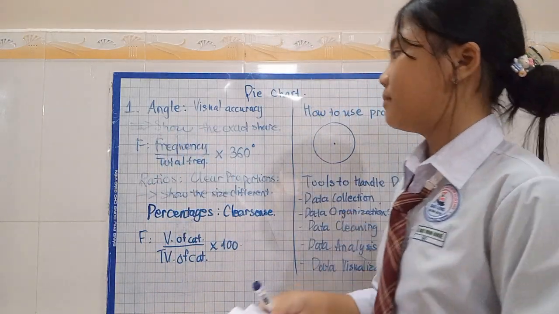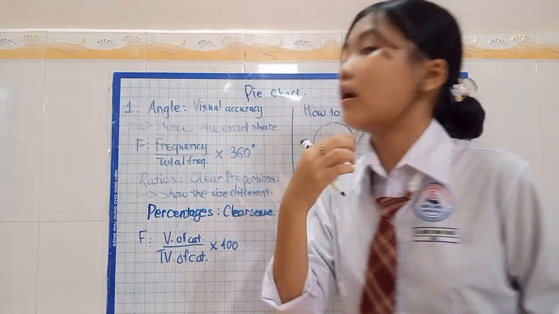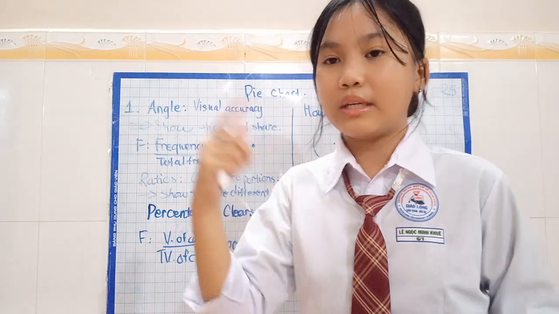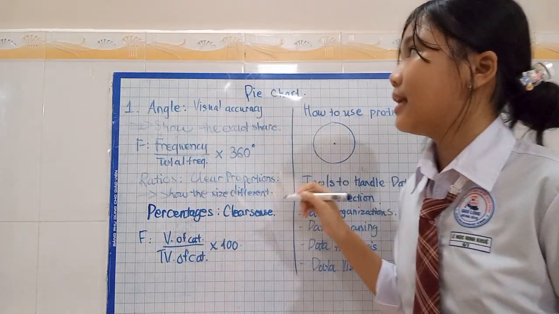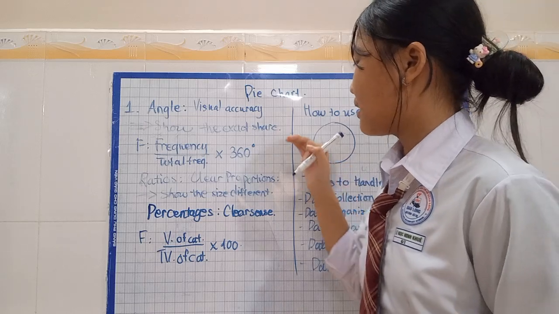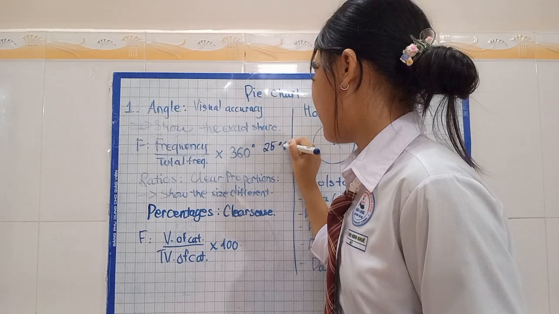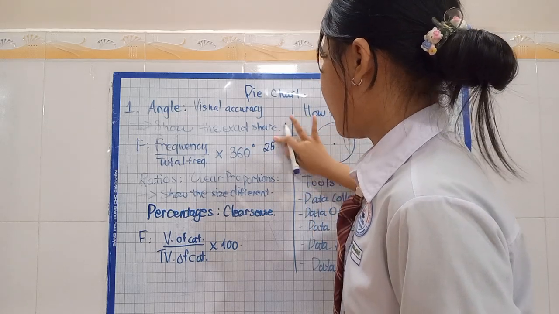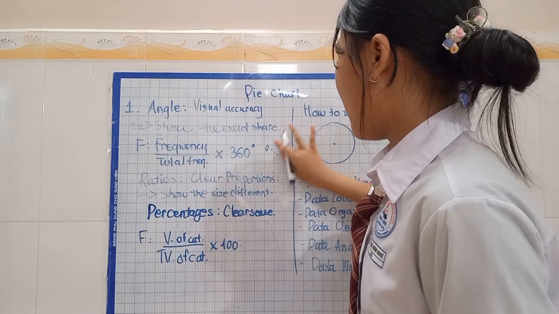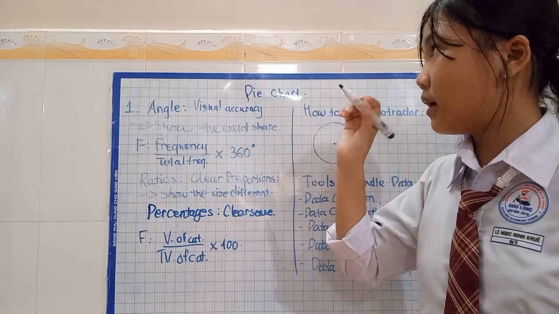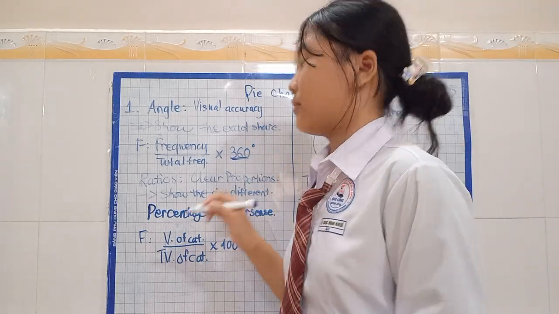So let's say we have the favorite fruit of my family members, and apple is one option. Let's say apple has 25 percent, so I will change it into 0.25, so we can multiply 0.25 by 360 to get the answer.